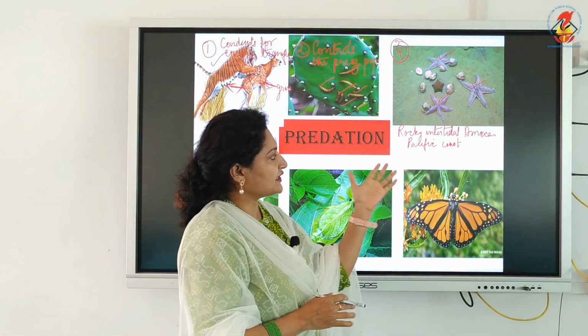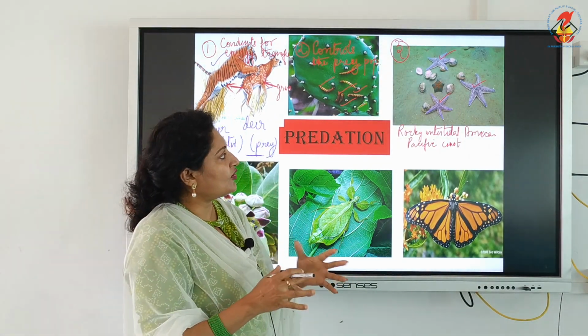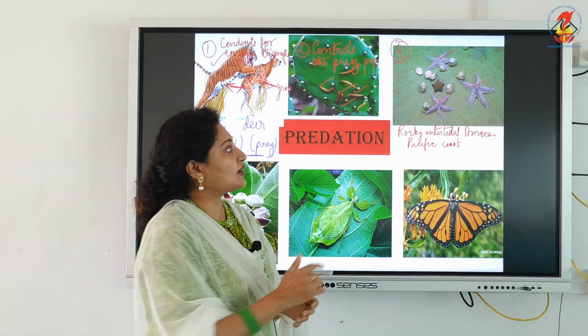So in this intertidal coast of the American Pacific, there were a lot of starfishes which were the main or important predator of a number of invertebrates.